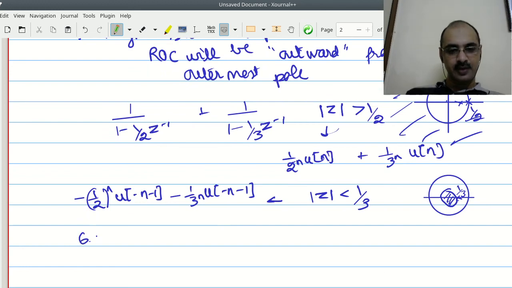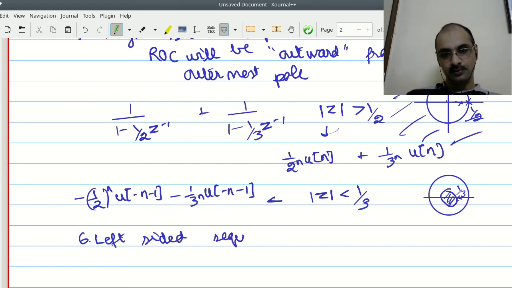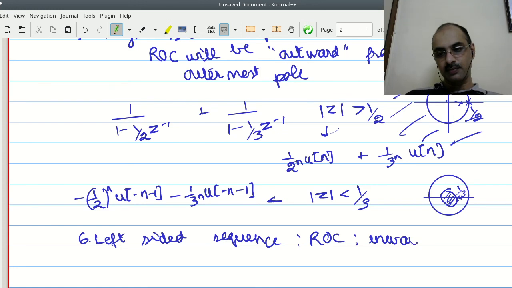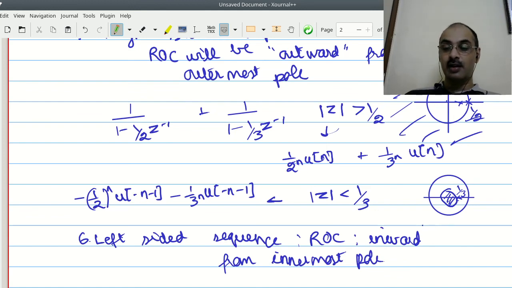Similarly, if you have a left-sided sequence like the above, then the ROC will be inward from the innermost pole. Notice that whenever we say outer and inner, we are referring to the origin.